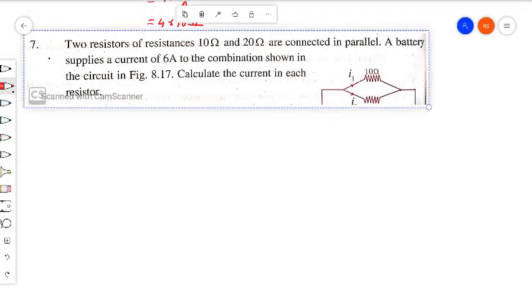So here two resistors of resistances 10 ohms and 20 ohms are connected in parallel. A battery supplies a current of 6 ampere to the combination shown in the figure 8.17. Calculate the current in each resistor.